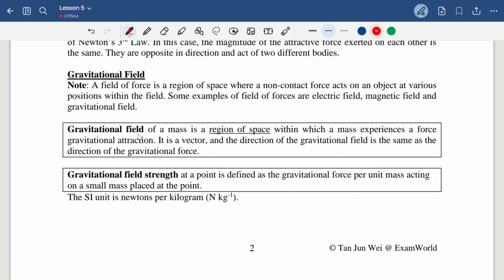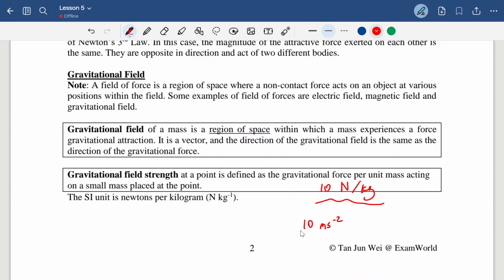Nothing very special. The other thing is this thing called field strength, which is defined as the force per unit mass. So when you see something like, on the surface of Earth, 10 Newton per kg, this is called gravitational field strength. It's the force per unit mass. If you see 10 meters per second square, this is called gravitational acceleration.